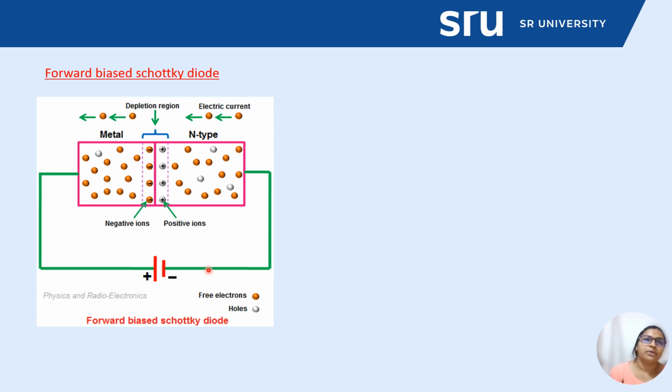When this forward bias voltage is applied to the Schottky diode, a large number of free electrons are generated in the n-type semiconductor and metal. However, the free electrons cannot cross the junction unless the applied voltage is greater than 0.2 volt.